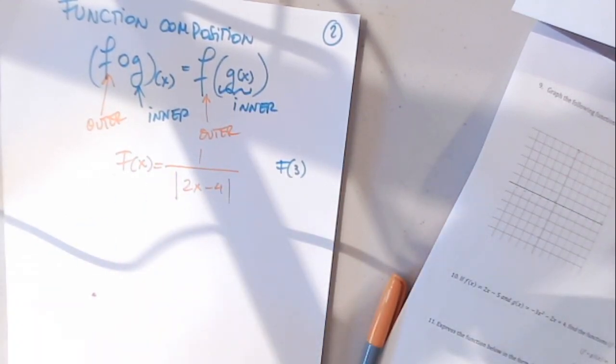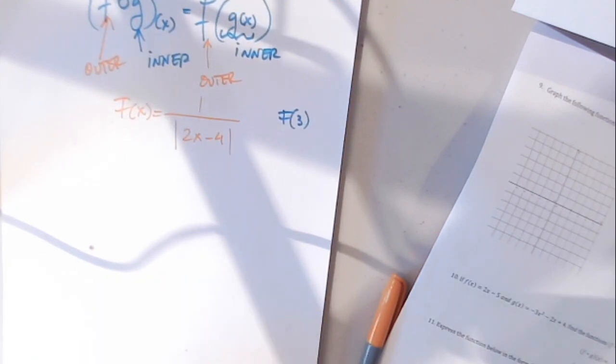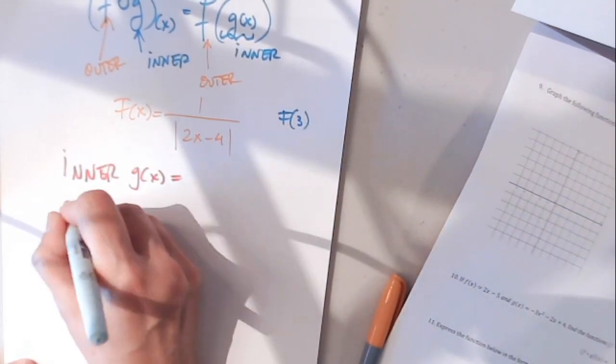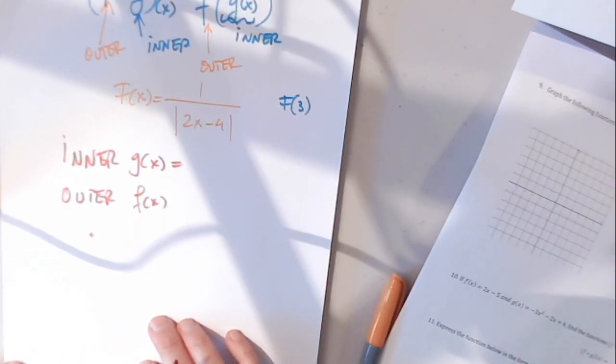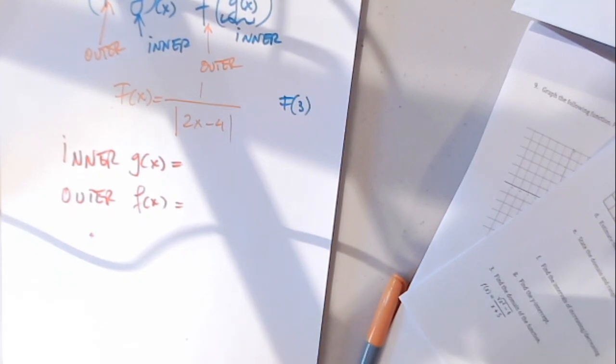What will you evaluate first? Would it be the absolute value? I can't, I don't have the number inside. So what will be the inner function? And the outer? What will I have to evaluate first? Before I get to the absolute value, I have something else to evaluate, which is 2x minus 4.